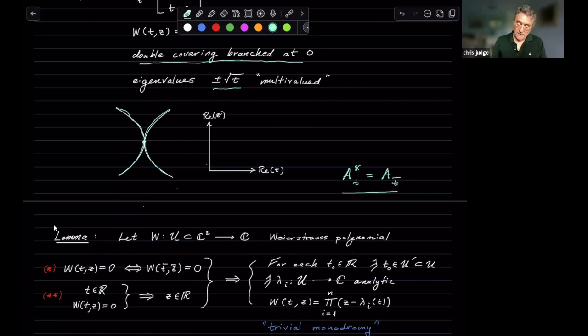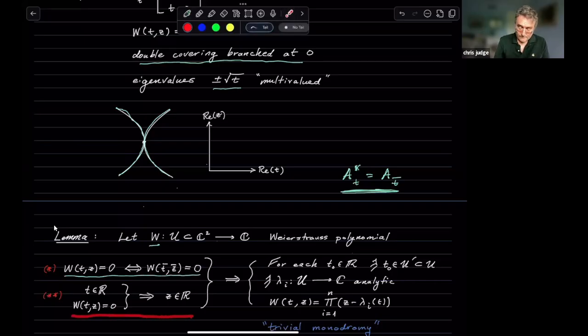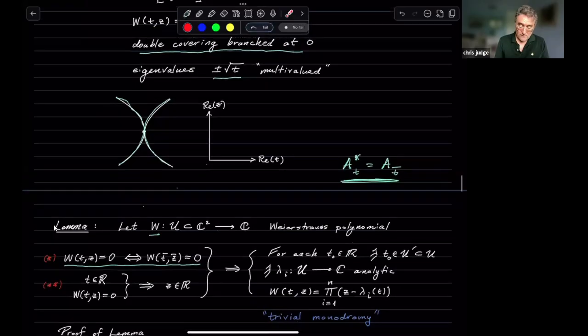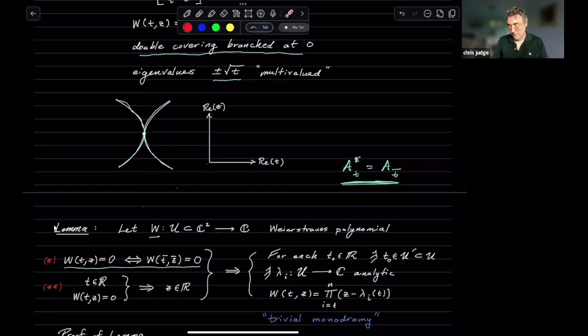And because you have this special condition, your characteristic polynomials are also special. In particular, the characteristic polynomials satisfy these two conditions. And the lemma says that if you have these two conditions for your Weierstrass polynomial, or characteristic polynomial in this case, then you get trivial monodromy.